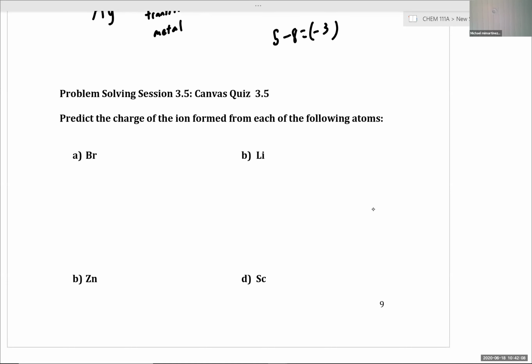Yep, that's fine. So you'd put +1 or -1, +2 or -2. You just put the number and the sign, and the problem will recognize whether you've assigned the charge correctly. Does that make sense?